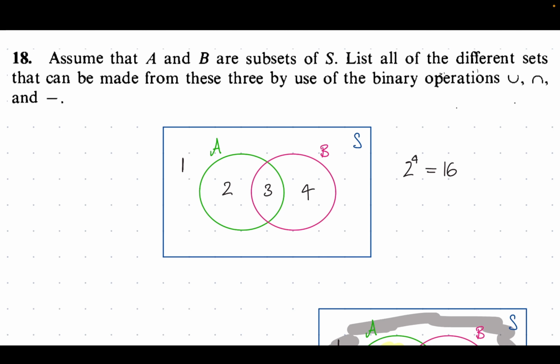Now, I don't know if he meant when you use all three of them, so you use A, B, and S in one set, and then change the union, intersection, and difference operators around. I don't know, but this is the best I can come up with, and I think it's a good enough answer.